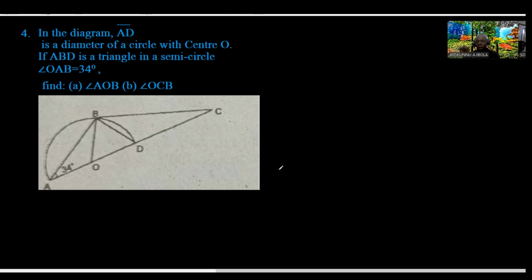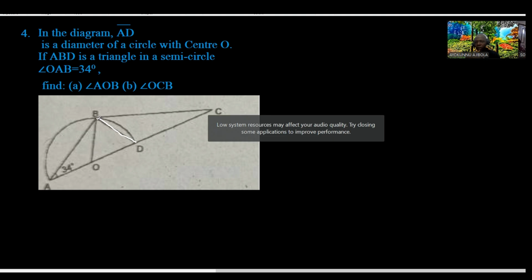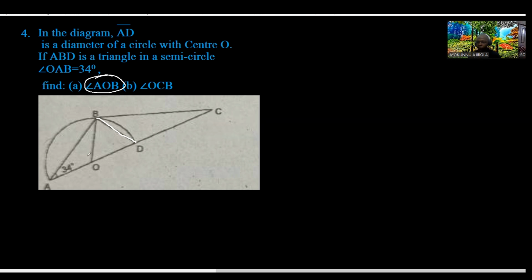Yes, sir. Now, looking at this question, we have the diameter AOD and we have the chord BD. We're looking for angle AOB first. This angle AOB is what we're looking for at first.